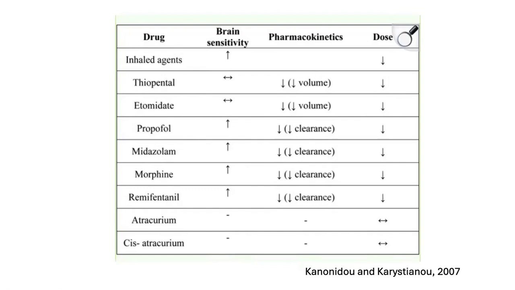Thiopental was a drug we used to use. I've been exposed to it, but it's no longer available. They're not as sensitive to that one, but you have to reduce the drug dose if you're going to use it. Etomidate is similar to thiopental in that they are not as sensitive to that one, but you still have to reduce the drug dose.